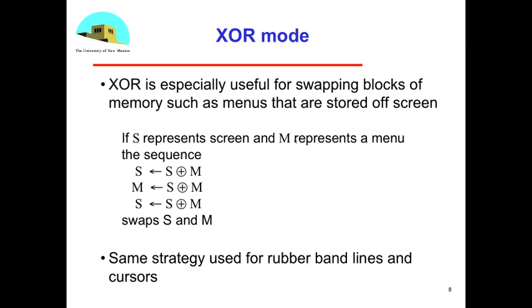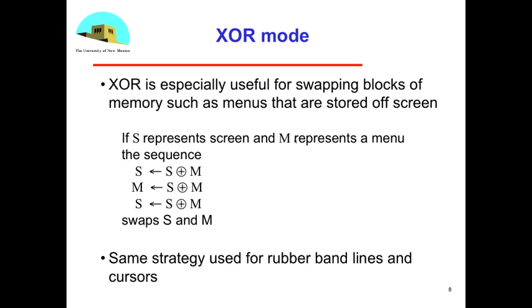Well, one way is that you take the block of memory corresponding to where that menu is going to go in the frame buffer, and you put it off screen somewhere, and then you bring it back when you're finished using the menu. That's swapping. You swap what's there with something off screen, then you do another swap, and as with standard swaps, you always have to have some extra memory to do that, which is off screen.